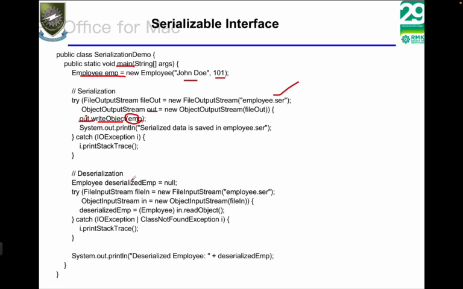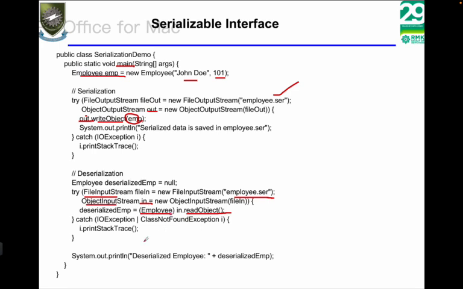In the same way, I'll have deserialization. What are the two classes? One is FileInputStream, the other one is ObjectInputStream. From the file input, which serialized file do I want to deserialize? Employee.ser. So employee.ser acts as input for the FileInputStream, and that will be converted into the object by using in. readObject is a method which helps you read the objects and converts them into the Employee class.